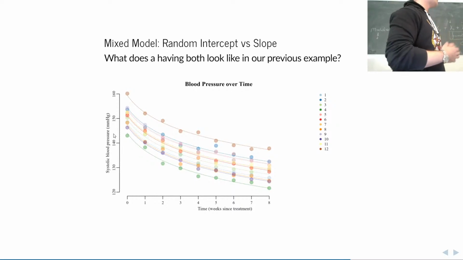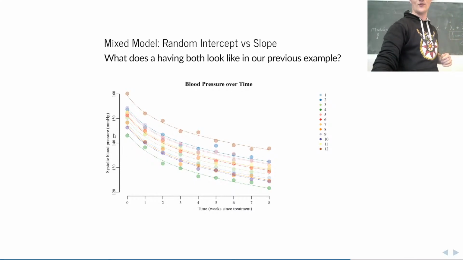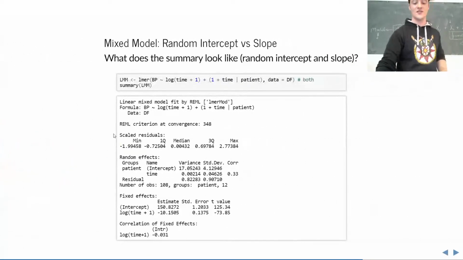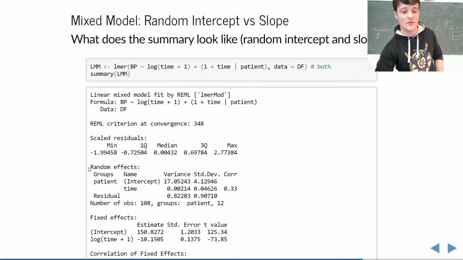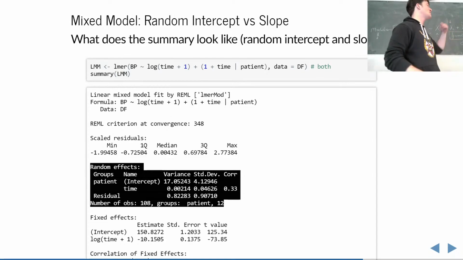Yeah, so you said there was only a standard deviation of 1 in the residual. That's right, that's what it has to do with. Let me show you precisely why. This is the output of that last model I showed. And we're just going to look at the random effects part over here. We have the intercept, the random intercept. So this is the variance in patients as a constant difference between them. Then we have the residual variance, so the extent to which people differ from the model is much less.